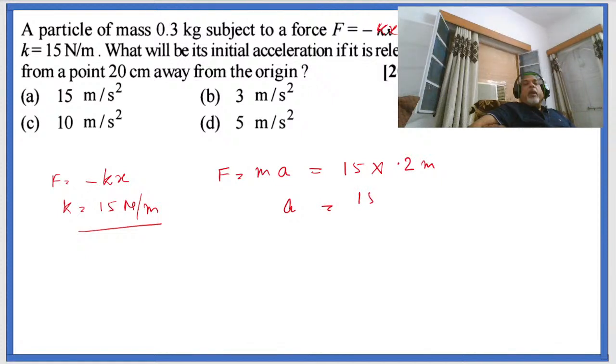So a will be nothing but F upon m, correct, and this will give you 10.